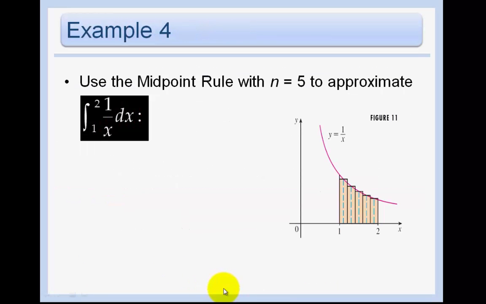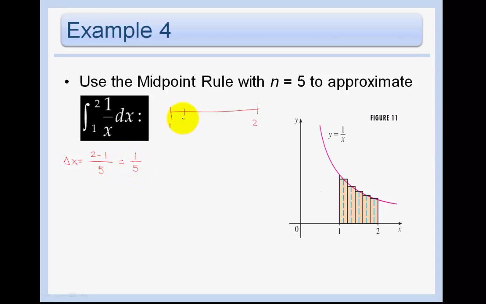So in this example, we want to evaluate the integral from 1 to 2 of 1 over x dx with 5 rectangles. So we're going from 1 to 2, and our delta x is going to be 2 minus 1 over 5, because we're splitting into 5 intervals. So it's just going to be 1/5.